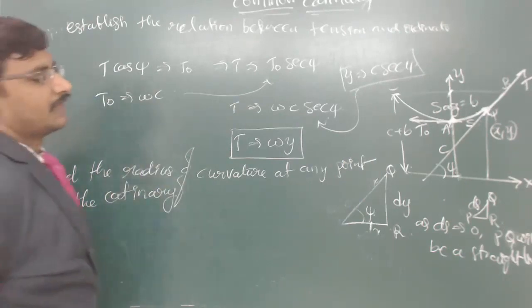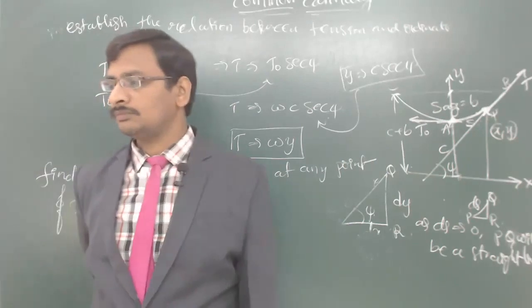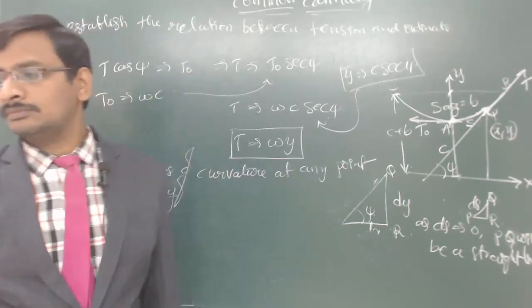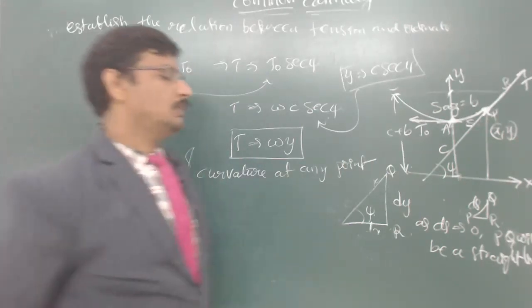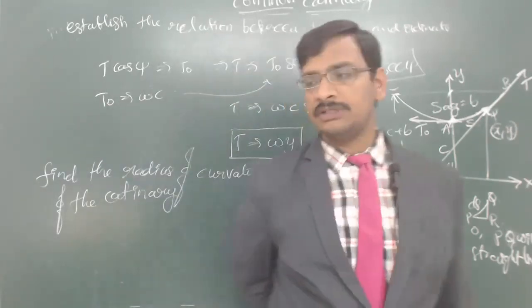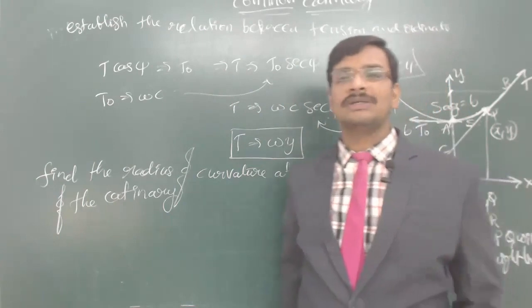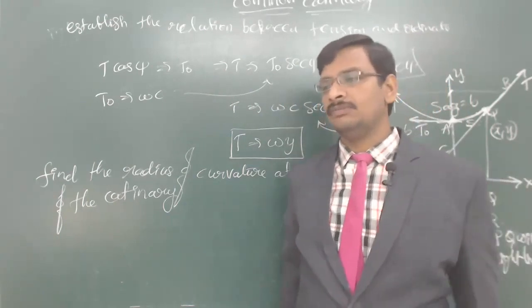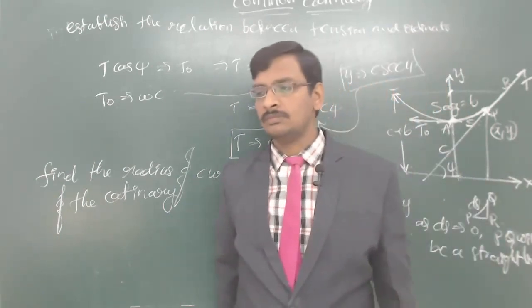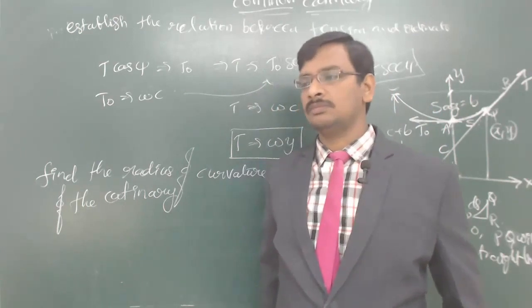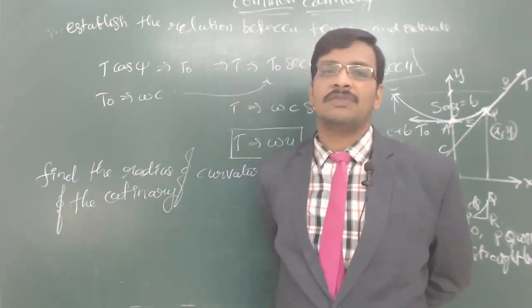At any point of the catenary. Now you need to understand what the radius of curvature is. Radius of curvature is a generic term, right? So what is the radius of curvature of a circle? What is the radius of curvature of a circle?